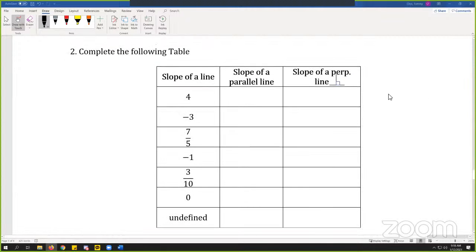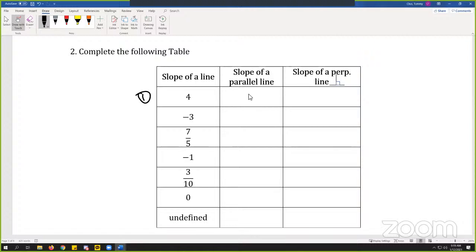So number 2 says the slope of a line, slope of a parallel line, and slope of a perpendicular line. You're supposed to fill it in. Let's go down the list, and let's not do the 4 people that handed it in. The first person on my list from the bottom would be Sina. Sina, if the slope of a line is 4, what should the slope of the parallel line be?